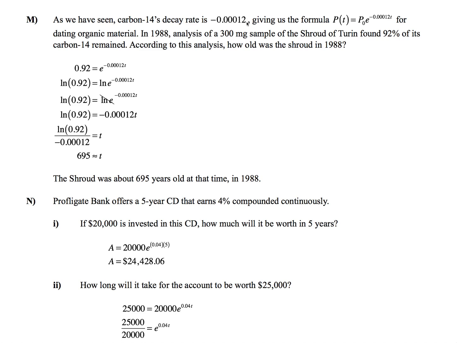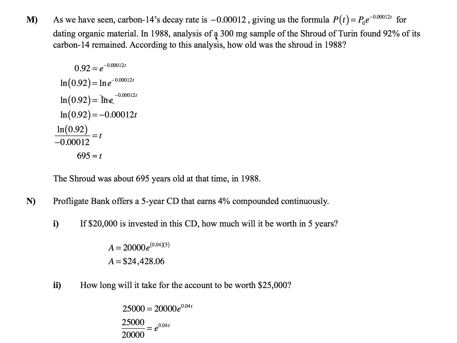You sometimes see a 1 here at the end, but that's more precision than we really need, so I just rounded it to negative 0.00012. And so this is the formula for age using carbon-14. The P sub 0 is the initial amount that you start with. The P of t is the amount that you're left with after a certain time.